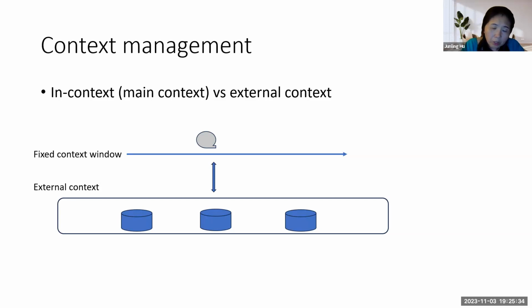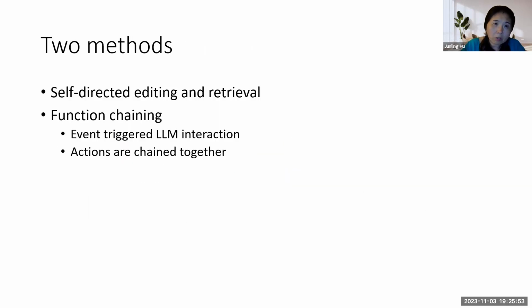The way that allows us to not be limited to the currently retrieved documents or current conversational context is to edit our context on the fly. That's what they call self-directed editing and retrieval. This part is very interesting.